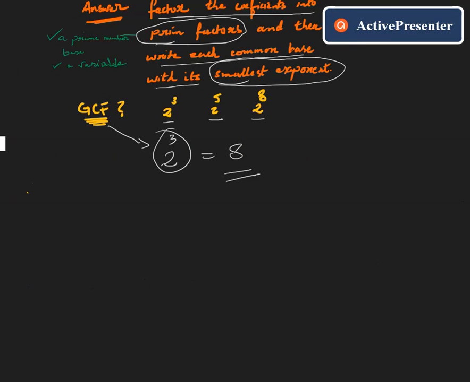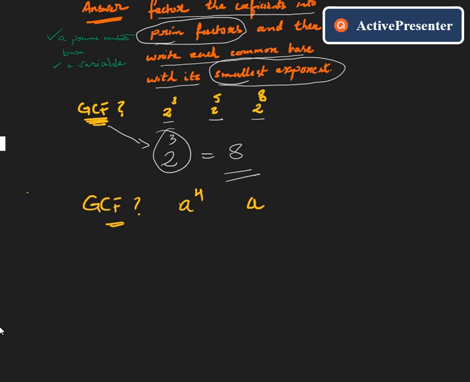If another question comes to you, find the greatest common factor of a to the power 4 and a. So what is our answer? We find a prime factor base with the smallest exponent.